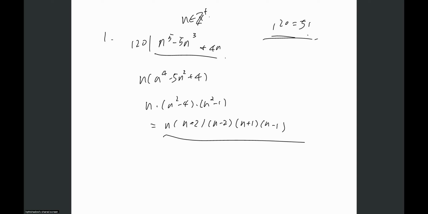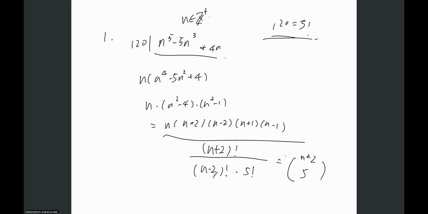And if I want to go further, I'd like to use this: (n plus 2) factorial over (n minus 3) factorial times 5 factorial. This equals, I think, n plus 2 choose 5, right?